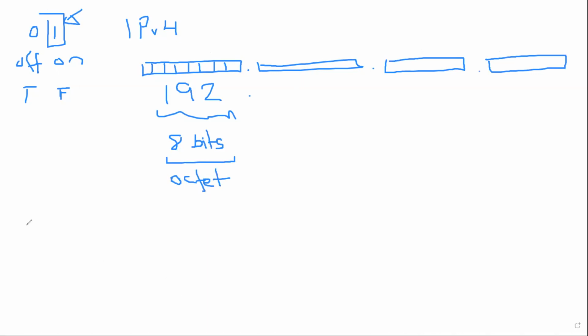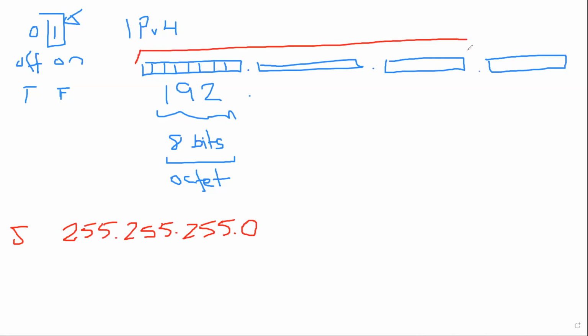Class C has a subnet mask of 255.255.255.0. What does that mean? The first 3 octets are being used for the network, and the last octet, the one that has this 0 here, is for the hosts.